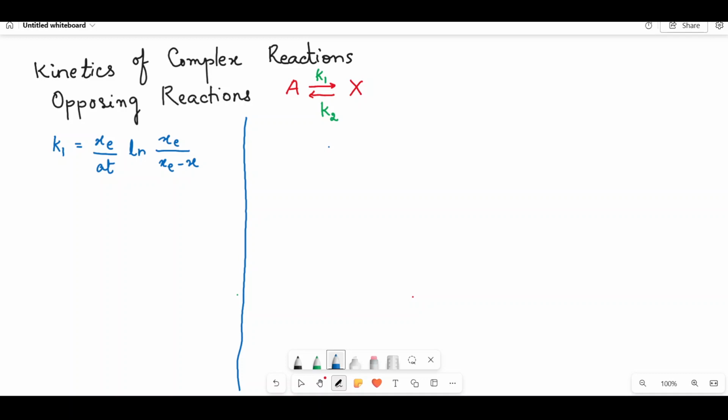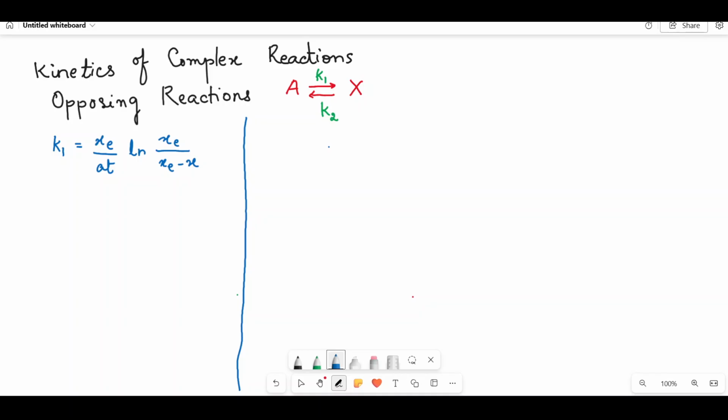I am going further. From here, I am going to the next step. If the values of Xe, X and t are known, the value of K1 can be calculated.